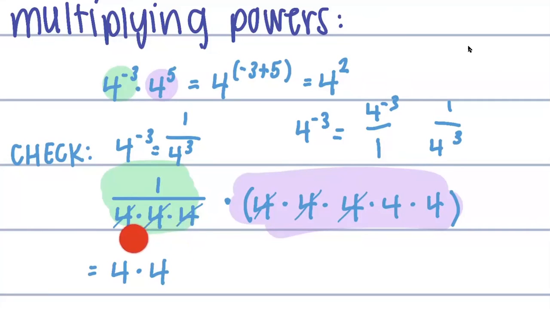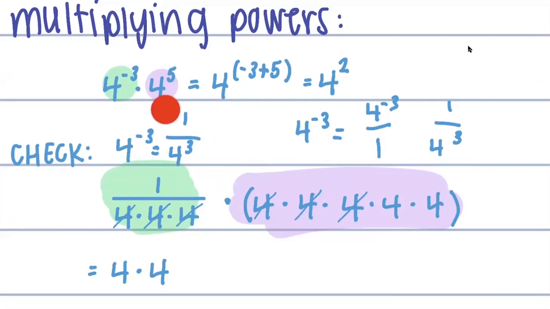That's what I wrote out here: 4 to the -3rd equals 1 over 4 to the 3rd. Now we can expand our 4 to the 3rd and you get 4 times 4 times 4, because 4 to the 3rd is multiplying 4 by itself 3 times.